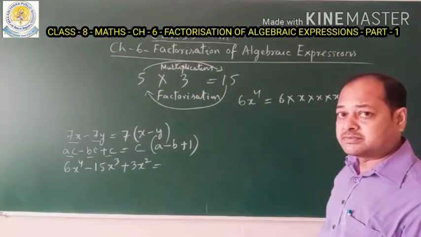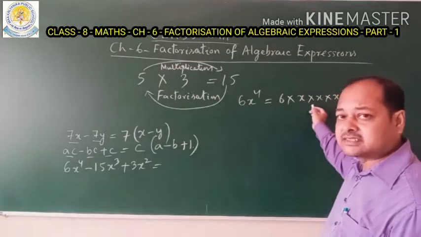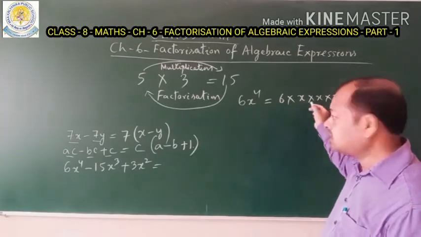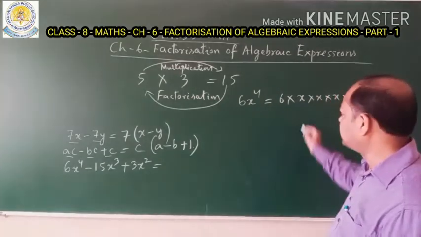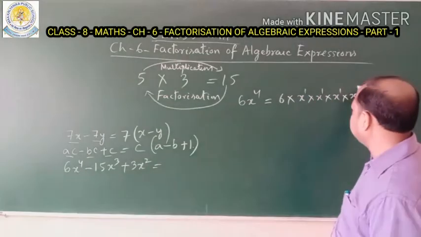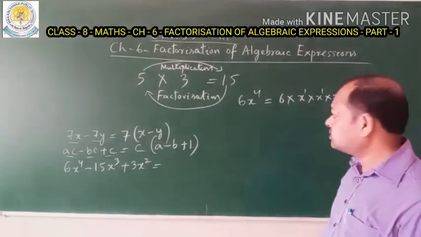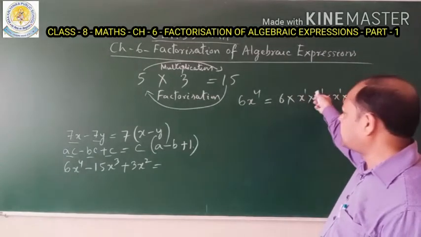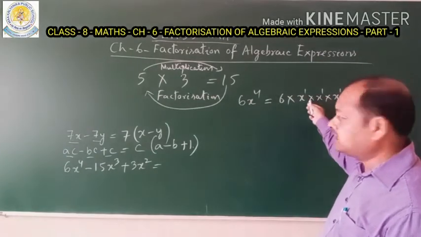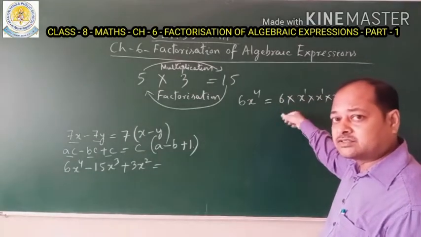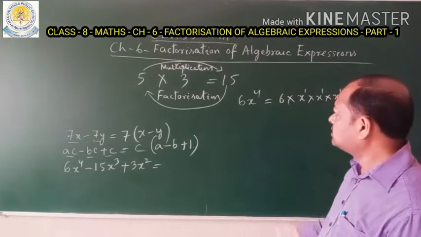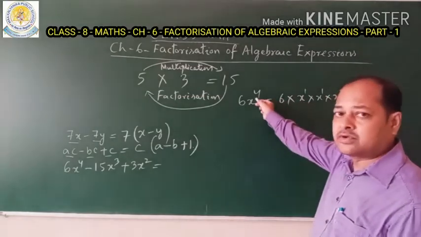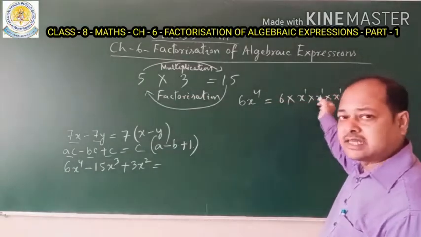As you know, in the last chapter I told you that if bases are the same, then powers will be added. So what are the powers here? In each case, the power is 1. So here x is the base, and when the powers are added, it becomes x to the power 4. So 6x to the power 4 can be further factorized like this.